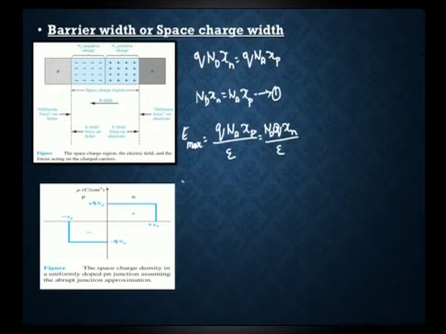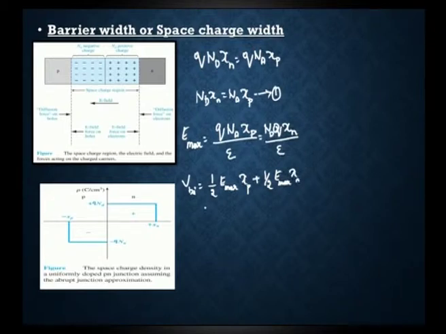So, again Vbi is equal to half of Emax into Xp plus half of Emax into Xn, that is the built-in potential.